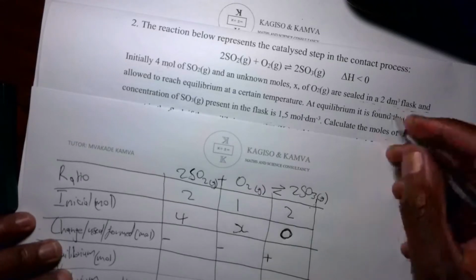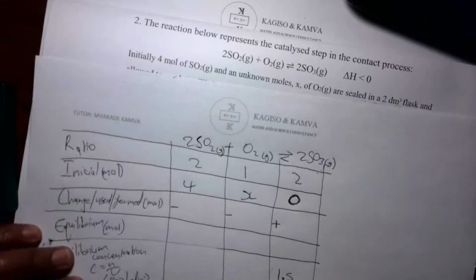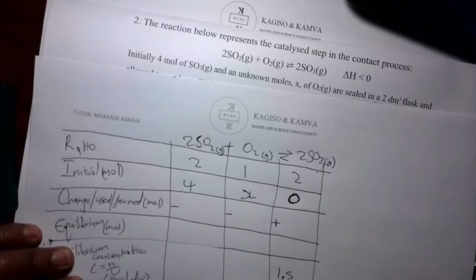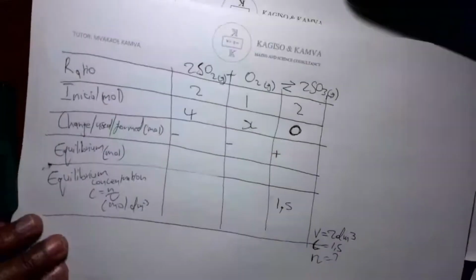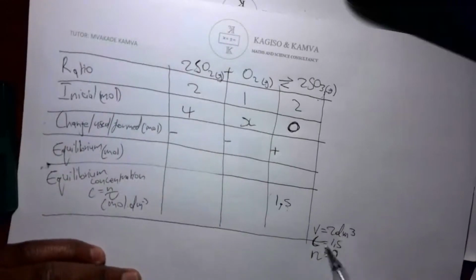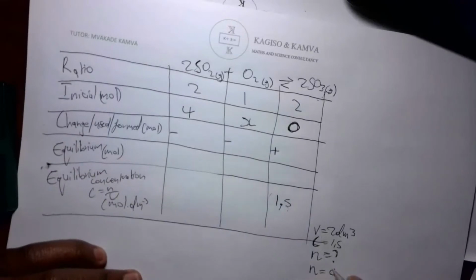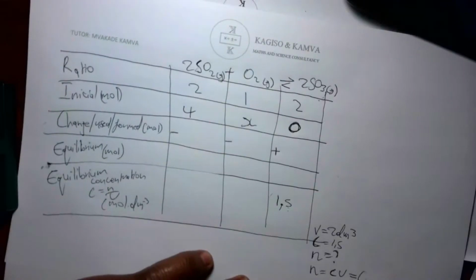Because the volume is 2 decimeter cube, and we know the concentration is 1,5, we can find N. N equals CV.